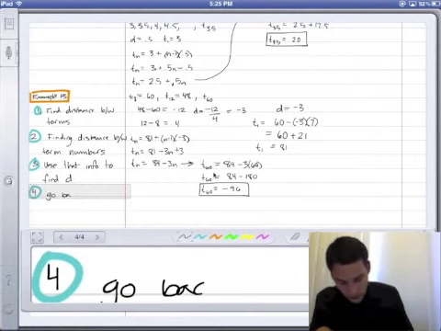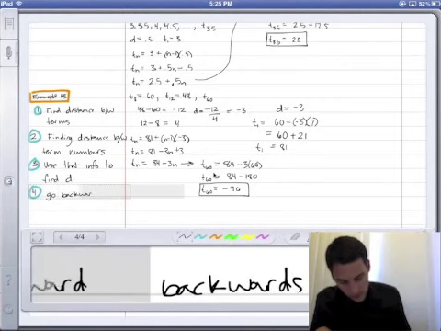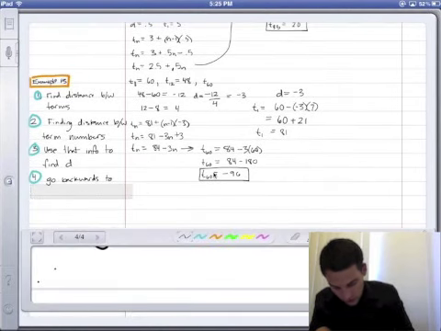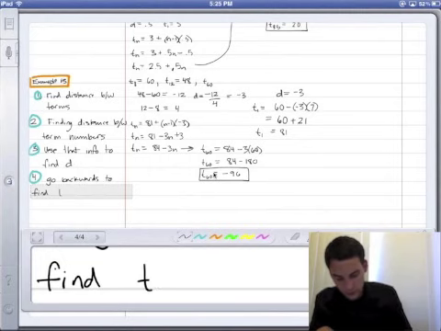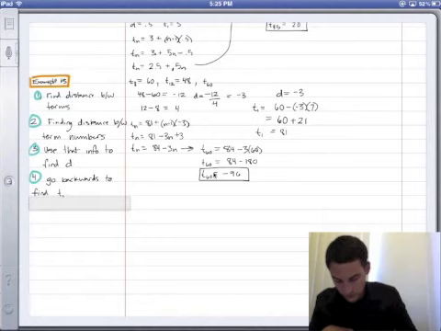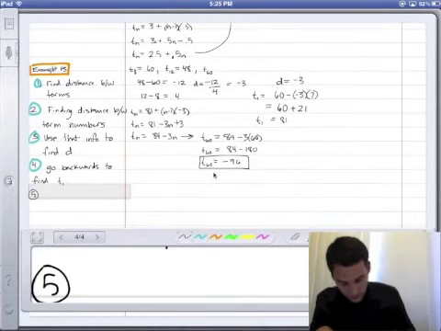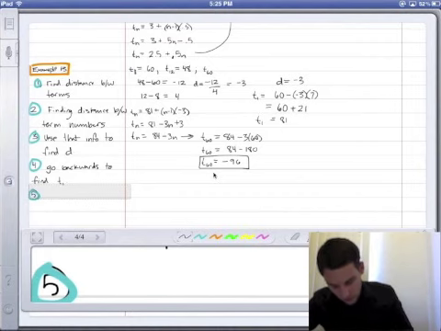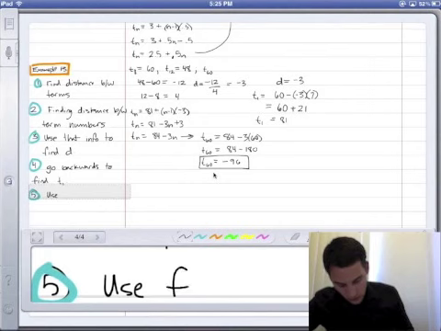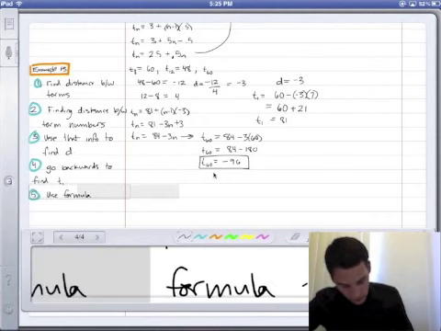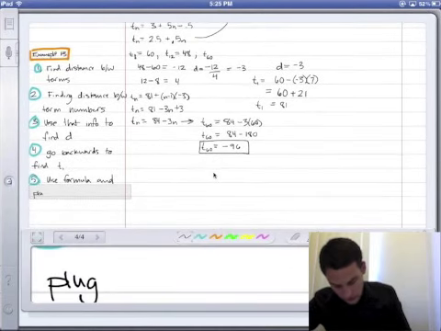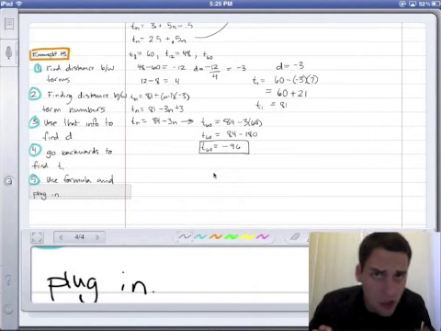Go backwards to find the first term, t sub 1. Five is use the formula and plug in.